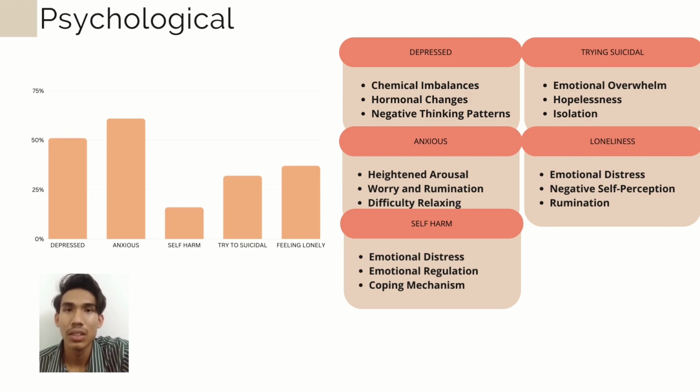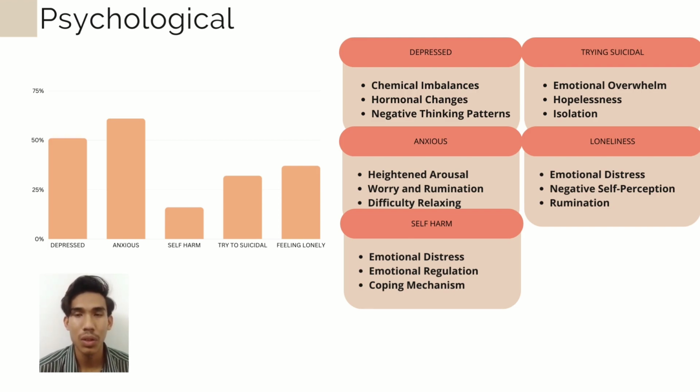Chronic stress can make it challenging for individuals to relax and switch off their anxiety. This ongoing state of heightened arousal can contribute to the development of generalized anxiety disorder (GAD) or exacerbate symptoms in individuals with pre-existing anxiety disorders.